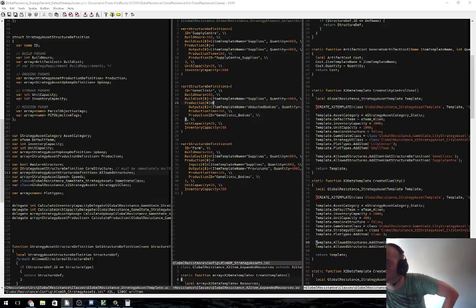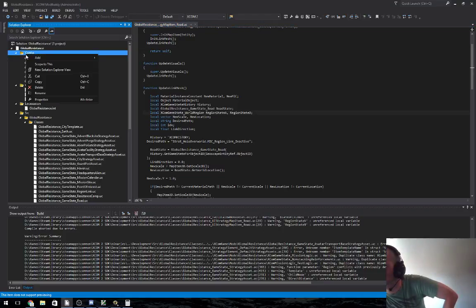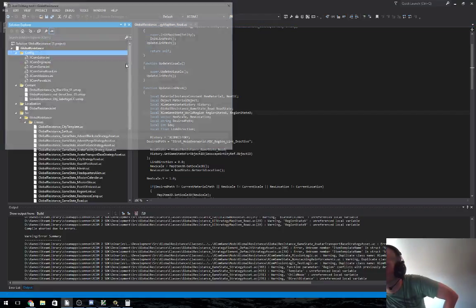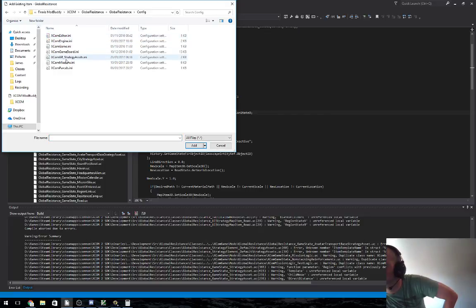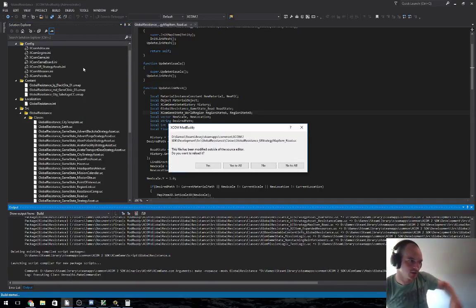Just going to take a moment to check that this actually works. Just try and build it and see what happens. Good, do a build, probably die, but we'll see.